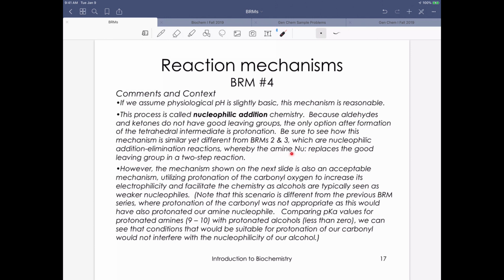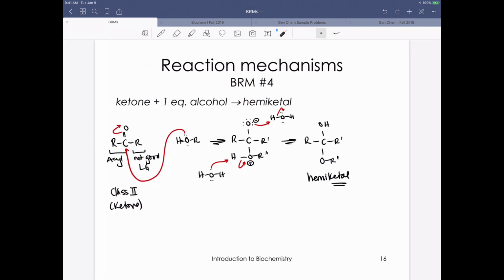So again, that amine nucleophile is going to replace the good leaving group in a two-step reaction. So coming back here, once we got to this tetrahedral intermediate, we decompose it after we did some proton shuffling, and we'd have this good leaving group in a case of either an acid anhydride or our bioactivated carbonyl compound.